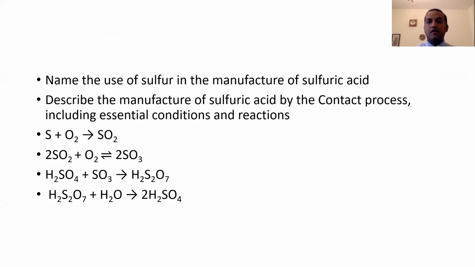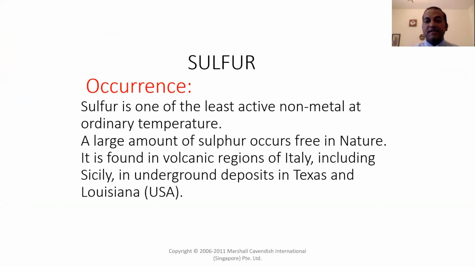Okay, so the first part is about sulfur. Sulfur is one of the least active non-metals at room temperature. So sulfur can be found in two ways.